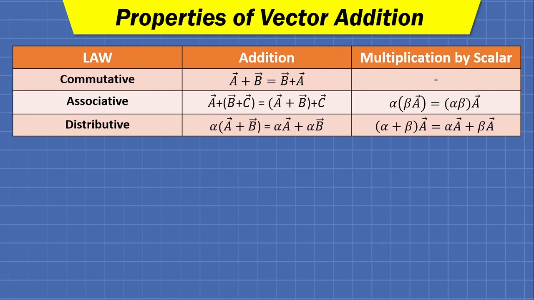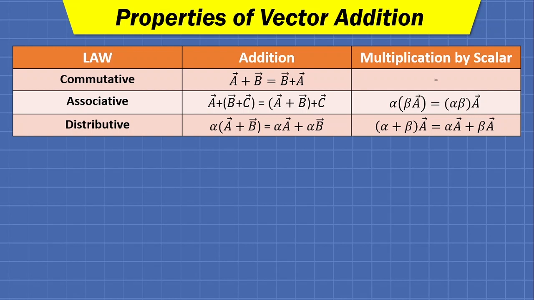The vector addition is also distributive. That means if we add two vectors and scale the sum with some scalar alpha, then the result will be the same as when we scale the two vectors separately and then add them with each other.